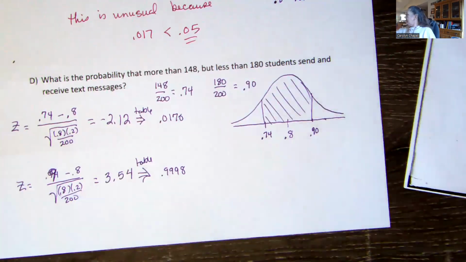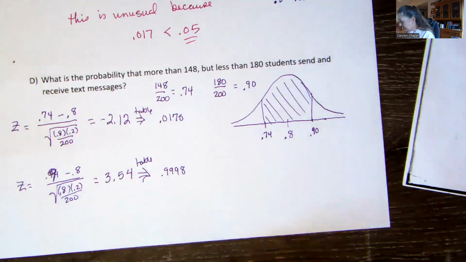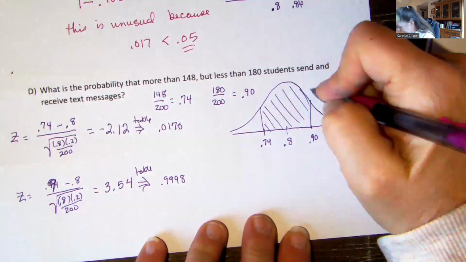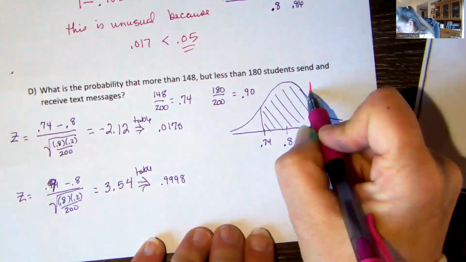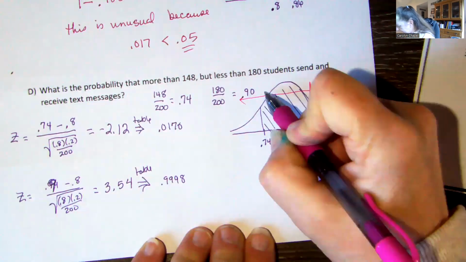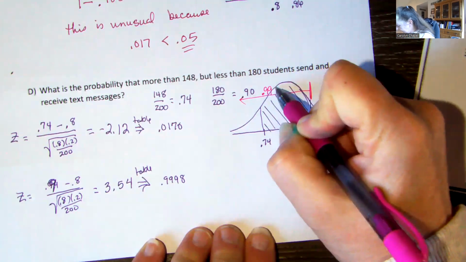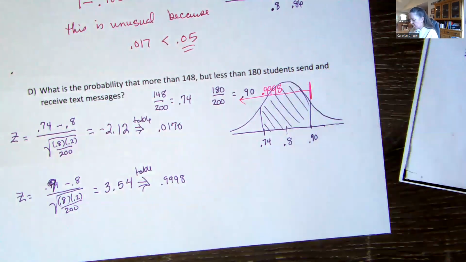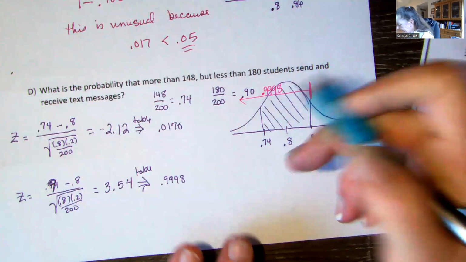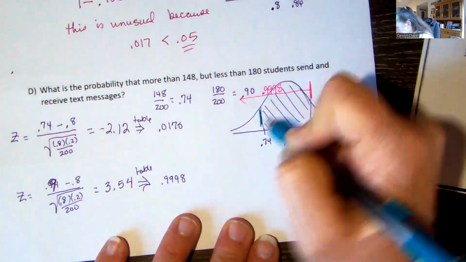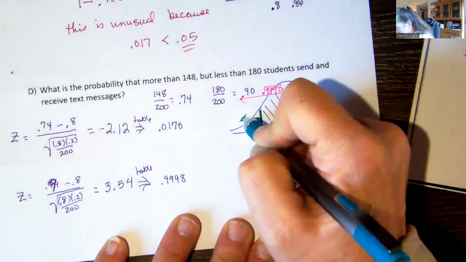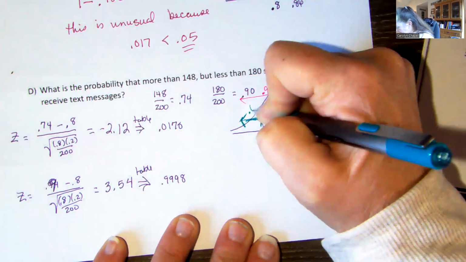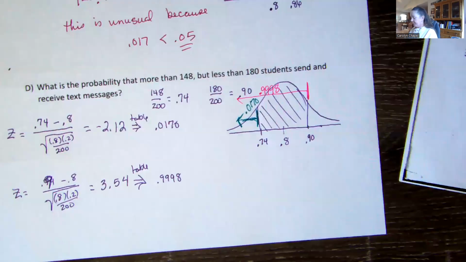So this is a reminder of how we work with these kinds of values. Always good to remember, good review. The table gives us from the point all the way down. So this is my 0.9998, actually a little bit bigger. This one goes from here down. This is my 0.0170.